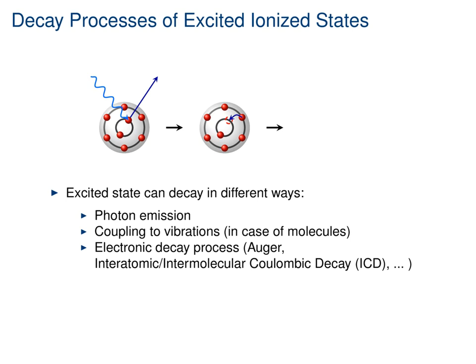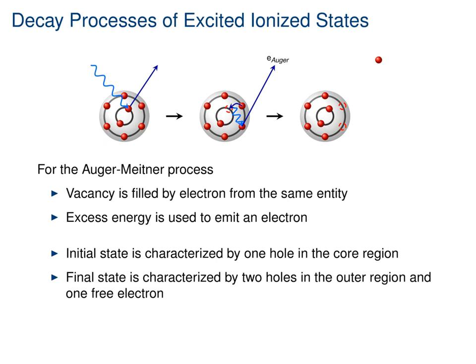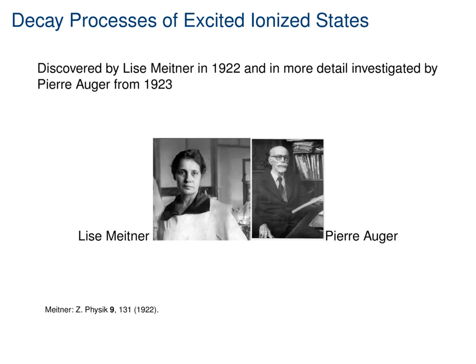Let us first have a closer look at the Auger process. Here, the vacancy is filled with an electron from an outer shell, and then the excess energy is used to emit another electron, so that we end up with a doubly ionized final state. This process was initially discovered by Auger-Meitner in 1922, and was then investigated in more detail by Pierre Auger from 1923 on.